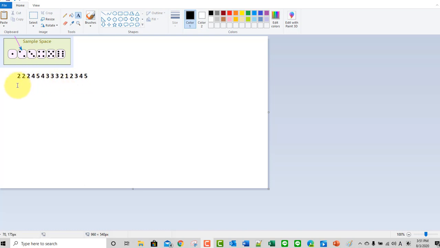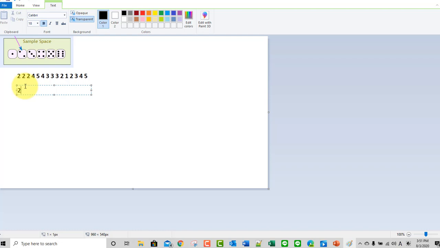So what I can do is just organize these. Let's see, how many 2's were there? 1, 2, 3, 4, 5. So I'll put the 2's first: 2 plus 2 plus 2 plus 2 plus 2. That's 5 2's. I don't have any 1's, but 3's, I have 1, 2, 3, 4 3's: 3 plus 3 plus 3 plus 3.